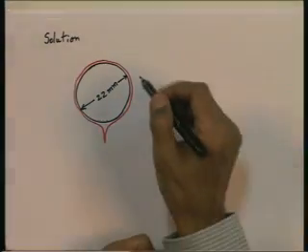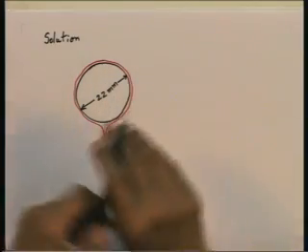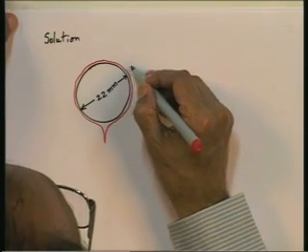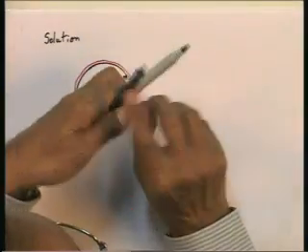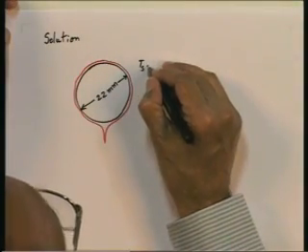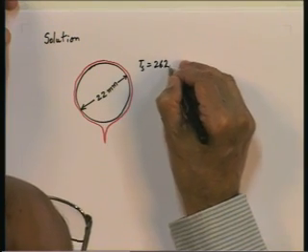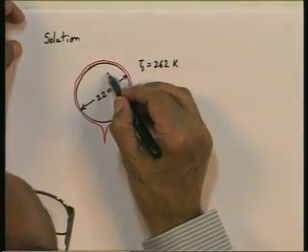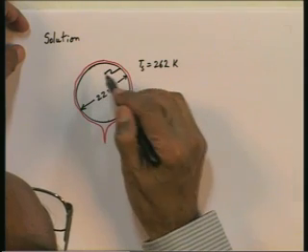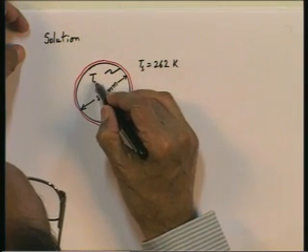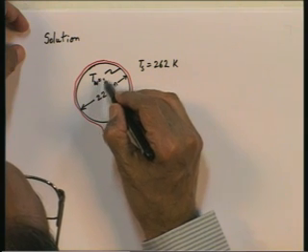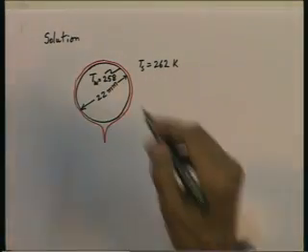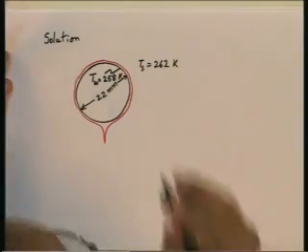Now, the saturation temperature, it is a pure saturated vapor, and it is at a temperature T s equal to 262 K. This is R22 vapor, 262 K, and you are told that T w, that is the wall temperature, it's maintained, the outer wall of the tube is maintained at 258 K. Find the average heat transfer coefficient.